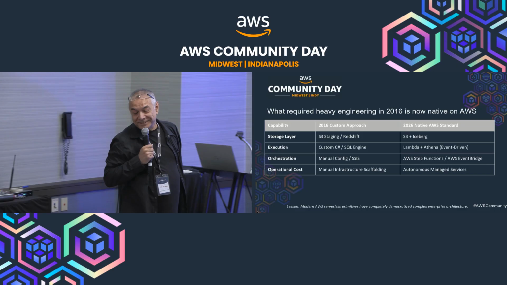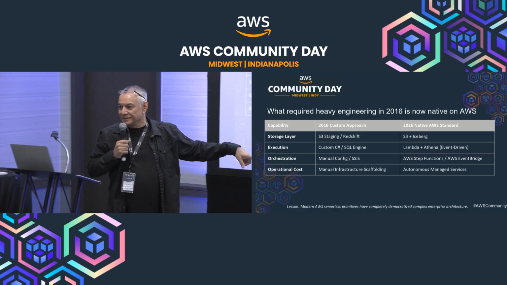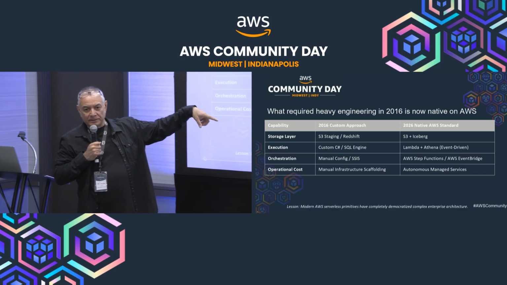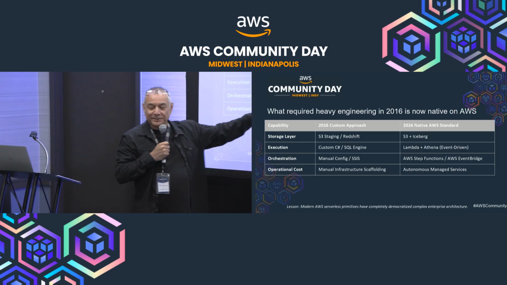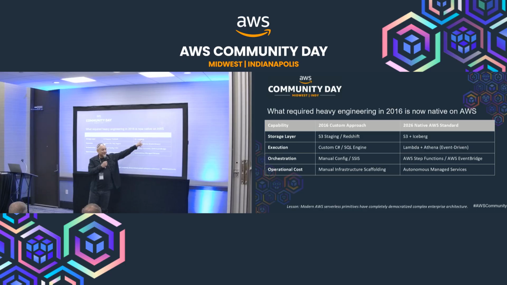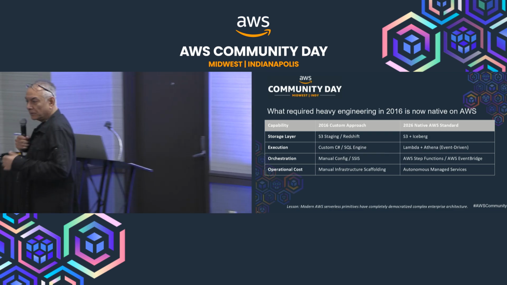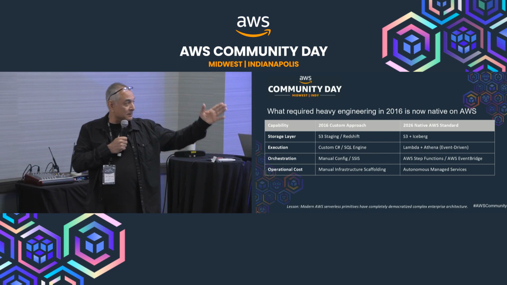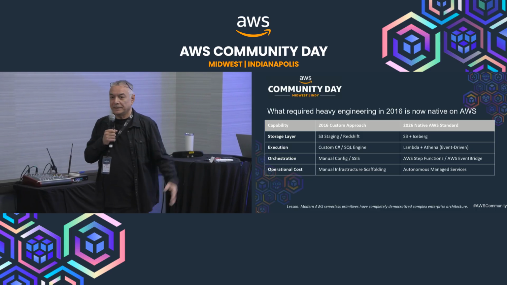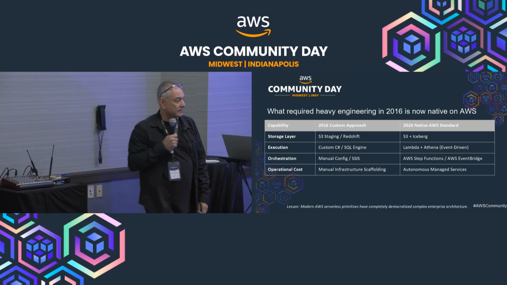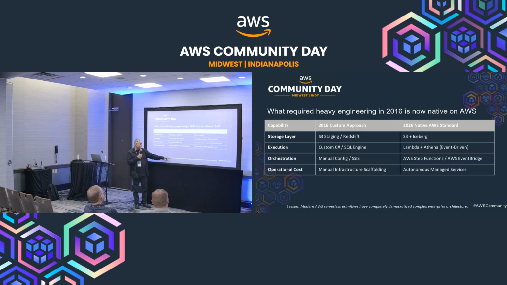In 2016, when we tried to build, it was heavy engineering. Now, AWS, thank God, gives us a lot of easy native tools. If you're not familiar with all the tools, guys, please jump in, and they make your life easier. Native, serverless primitives give you freedom.